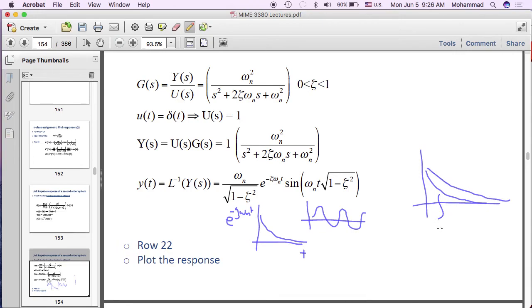So this, for example, could be e to negative 2t, and this could be e to negative t. So when the absolute value of the exponent gets larger, the decay rate gets faster. And that is exactly the function of zeta. As zeta gets larger, the rate of decay gets faster.